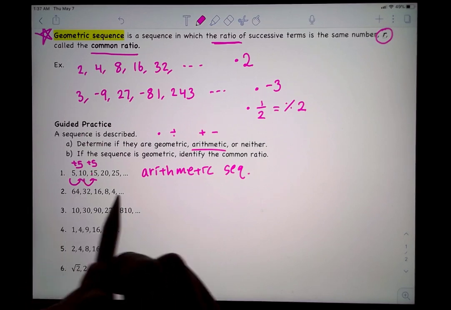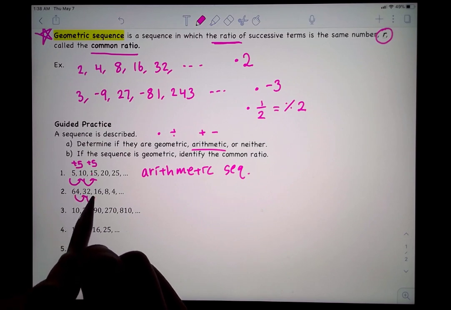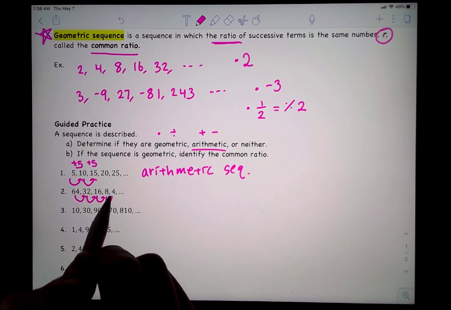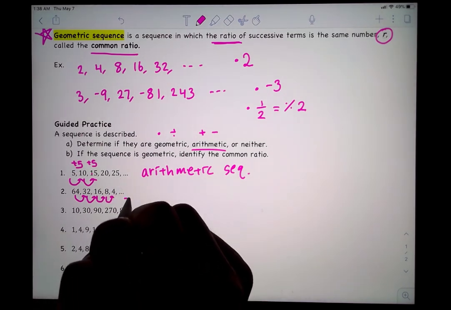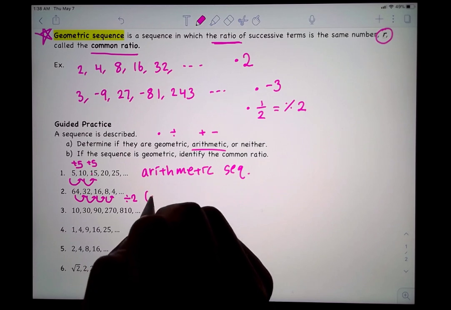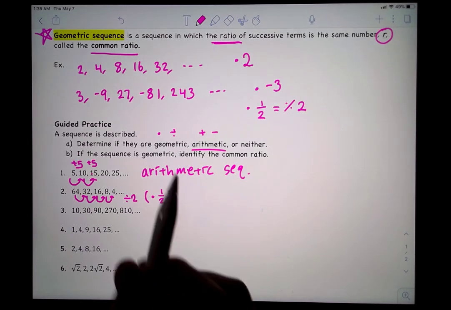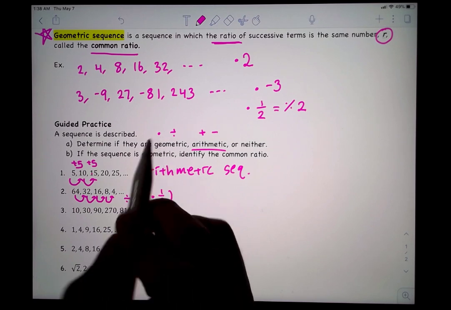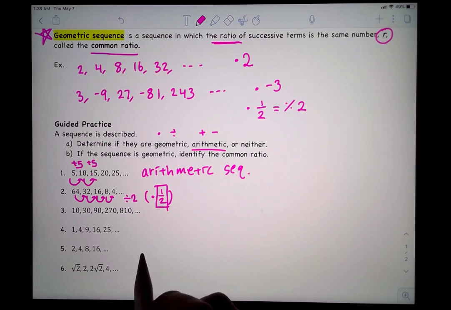And let's look at number 2. So I have 64, 32, 16, 8, 4. What's the pattern? It's getting halved, right? So divided by 2, or you can say times 1 over 2. If the question asks what the common ratio is, I want you to say 1 over 2, not divided by 2. If you get a pattern that's dividing by some number, convert it to multiplication by the reciprocal, so flip it, 1 over 2.